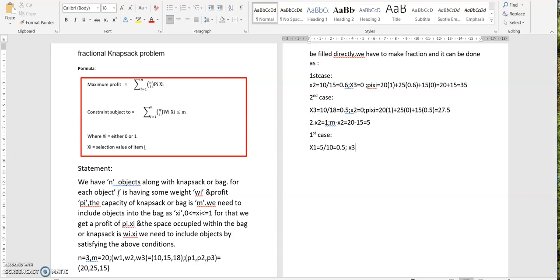Then x3 equal to 0 because no more space is present to fill into the knapsack by using x3.